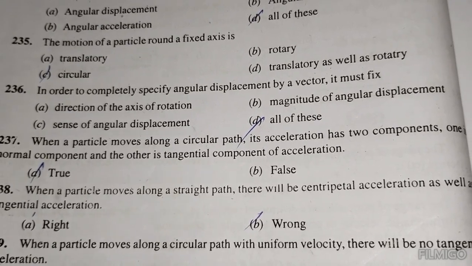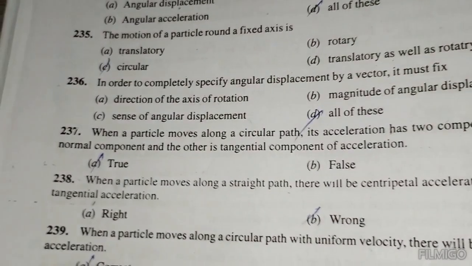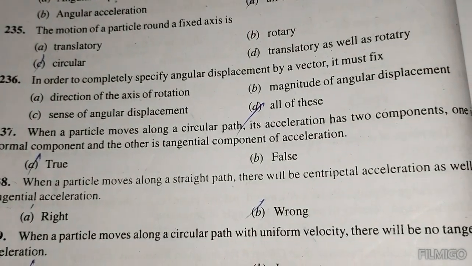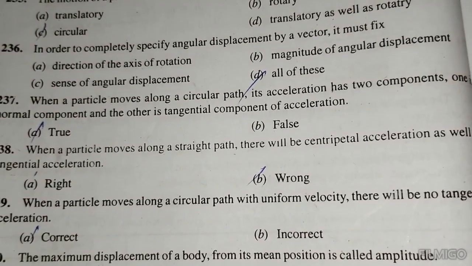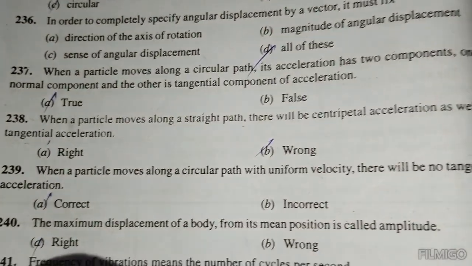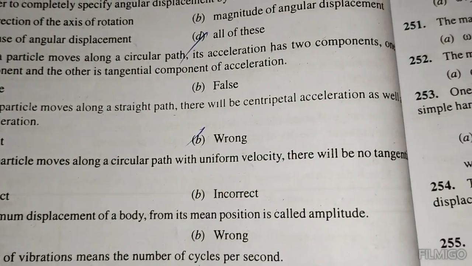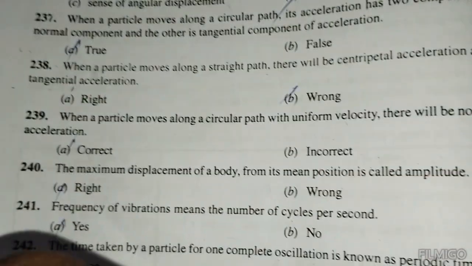When a particle moves along a circular path, the acceleration has two components, one the normal component and the other the tangential component. True. When a particle moves along a straight path, there will be centripetal acceleration as well as tangential acceleration. Wrong. When a particle moves along a circular path with uniform velocity, there will be no tangential acceleration. Correct.